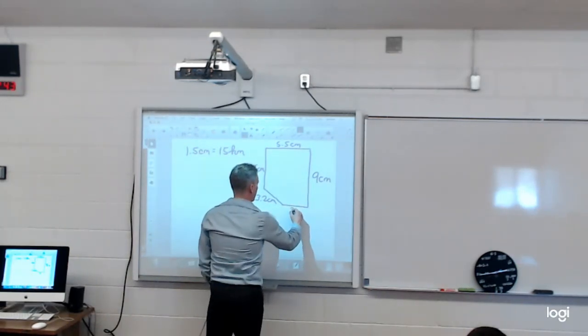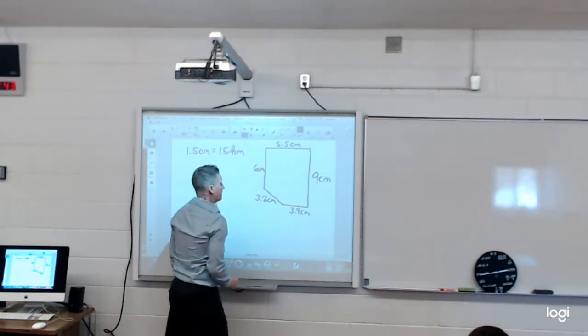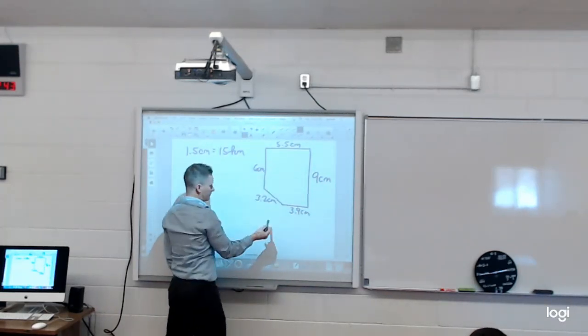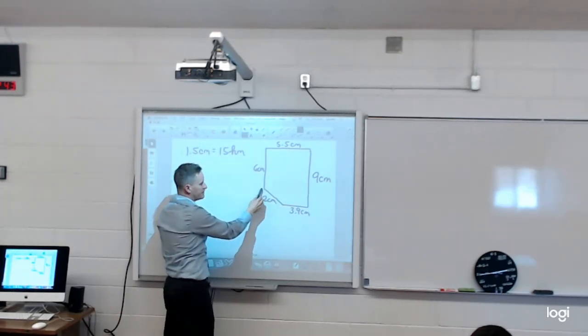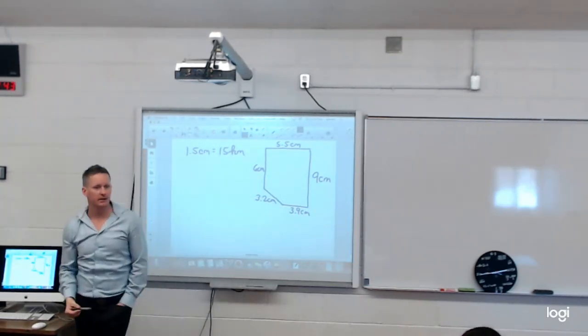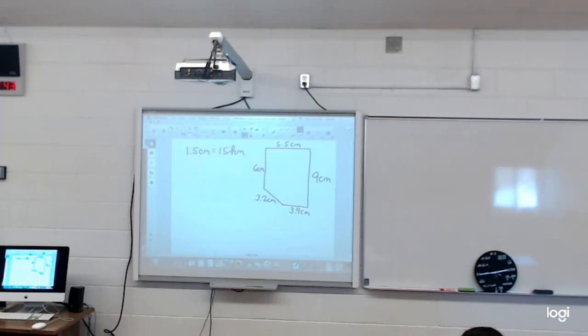3.9. Okay, great. Before I go any further, tell me how you could measure that more accurately. Draw a line. What do you mean? You draw a line from the one point to the next point. But I'm still getting a straight line distance, right?